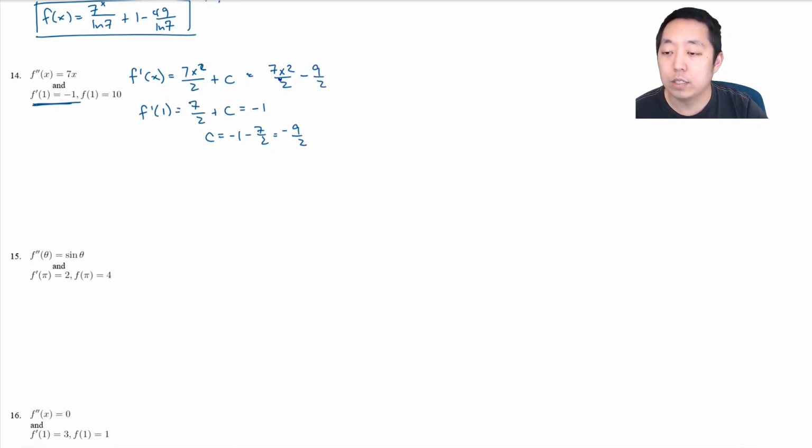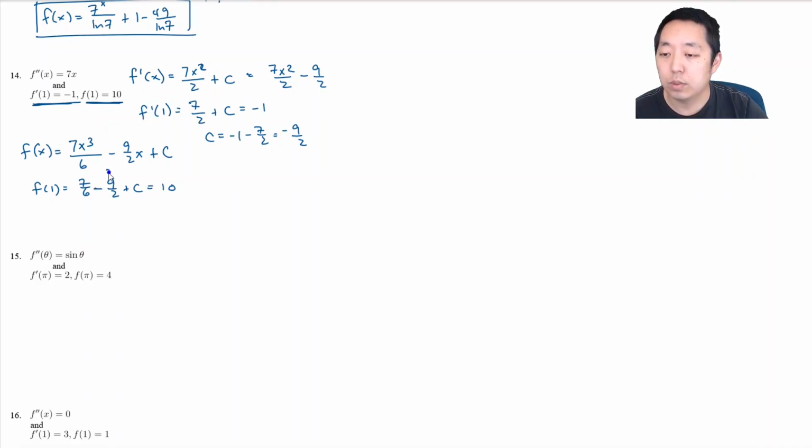And now I can do the antiderivative of this to find f of x. So I'm going to do 7x cubed over 2 times 3, which is 6, minus 9 halves x, plus a constant. And now I'm going to use this initial value to solve for this constant, because I know f of 1 would be 7/6 minus 9 halves plus c, and that has to equal 10.